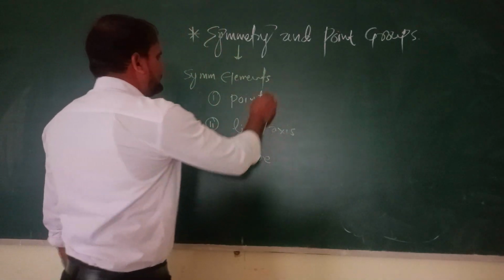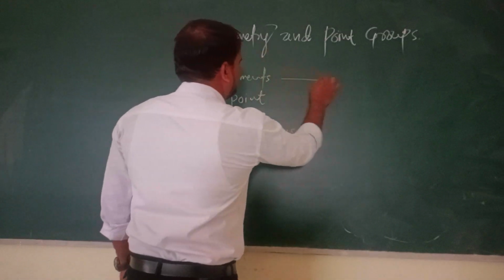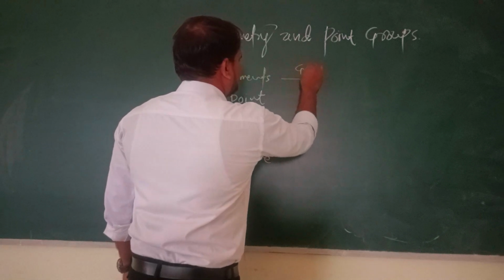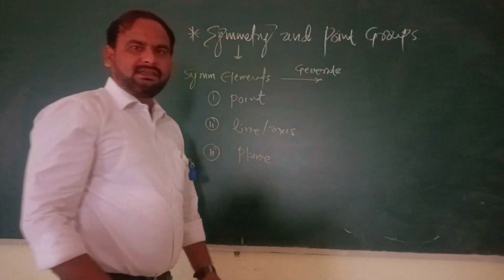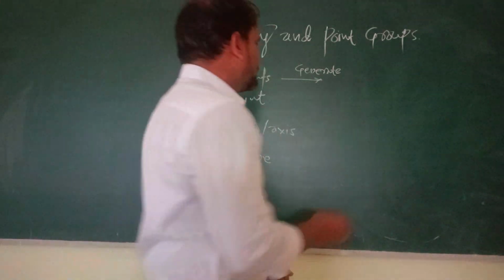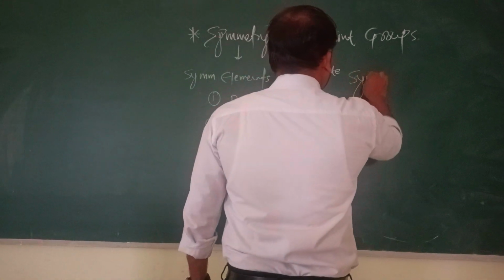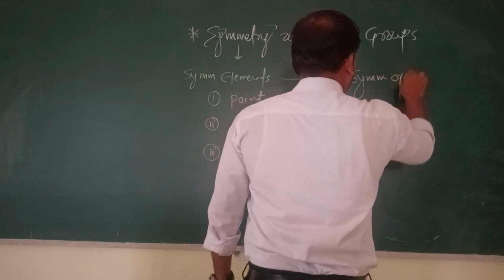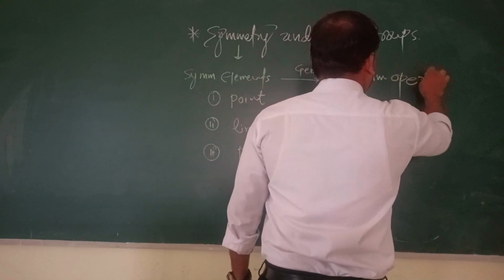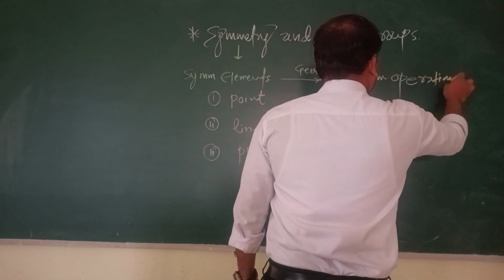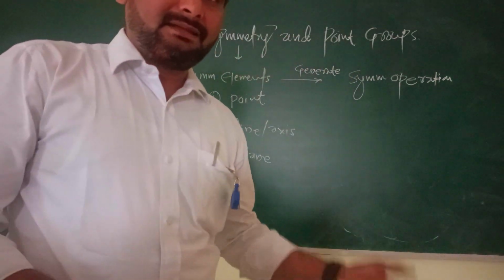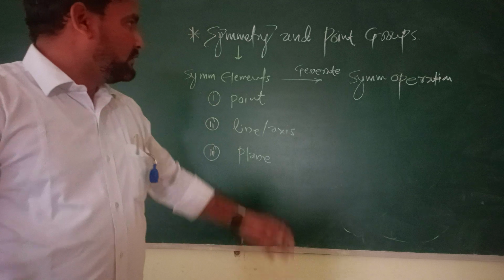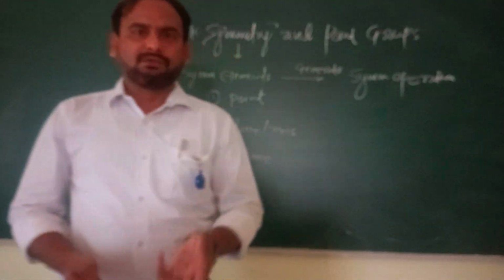So based on the symmetry element, we can generate the symmetry operation. What is a symmetry operation? Now, the basic difference between elements and operations is that operations are how to do something on a molecule.